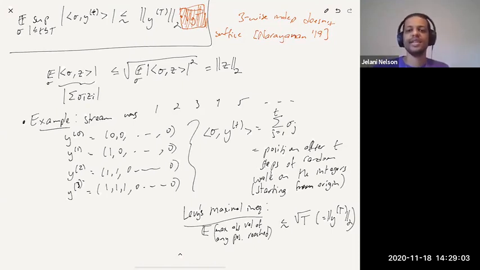This was not his final project, but he worked on it after the class was over and managed to show that the fact that we used four-wise independence in our proof is really necessary. First he showed that two-wise independence doesn't work. He constructed a two-wise independent distribution for which this lemma fails. Then he later generalized his idea and showed that even three-wise independence also fails. You really need four-wise independence.